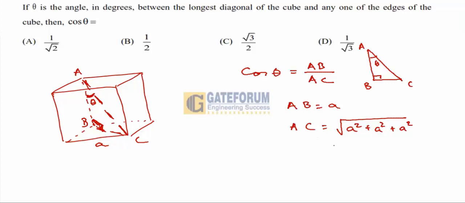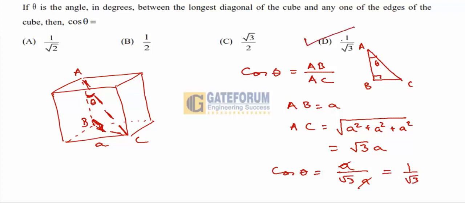So this longest diagonal is root 3 A. So cos theta would be A by root 3 A, that is equal to 1 by root 3. So this is the answer.